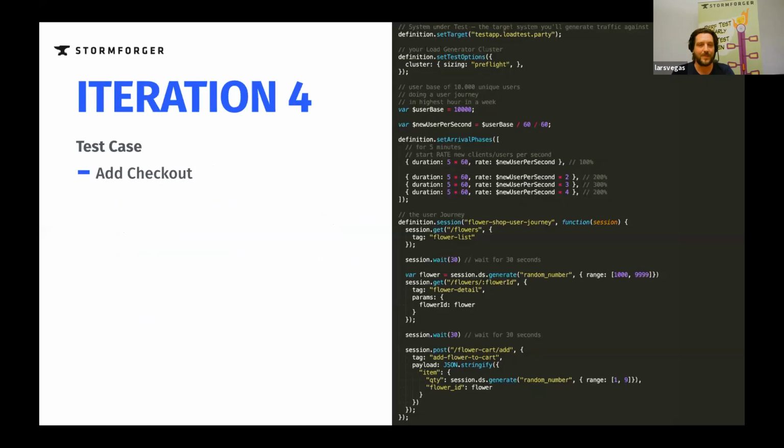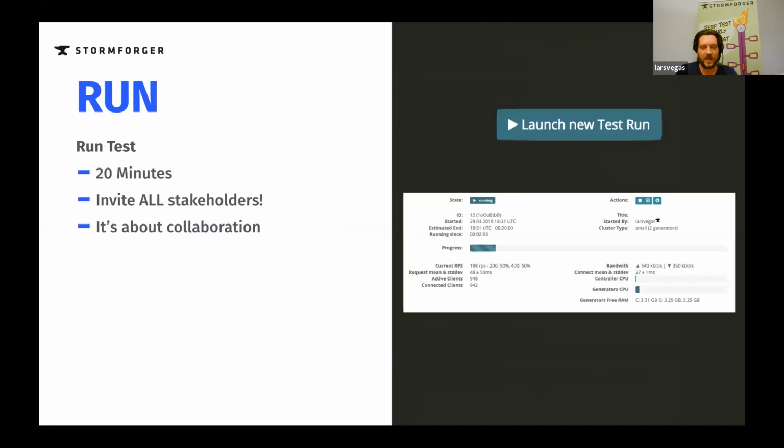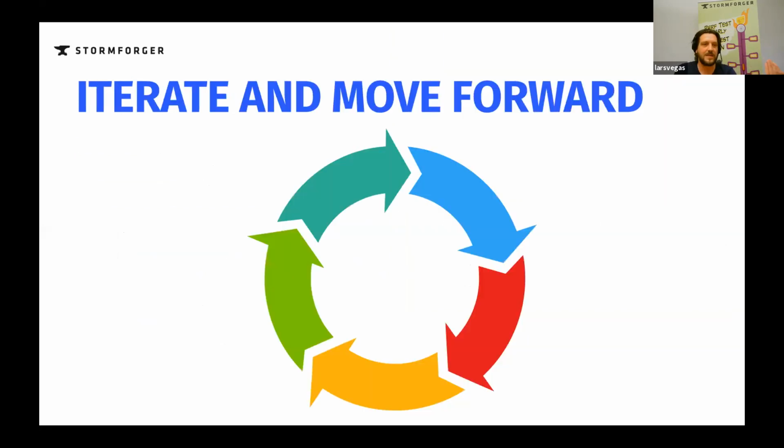And now that's the point where you actually start iterating. You add the checkout, which is basically adding a POST with JSON, or just with an HTML form. You do another test run. And what you probably realize right now is this is iterating over it and moving forward.